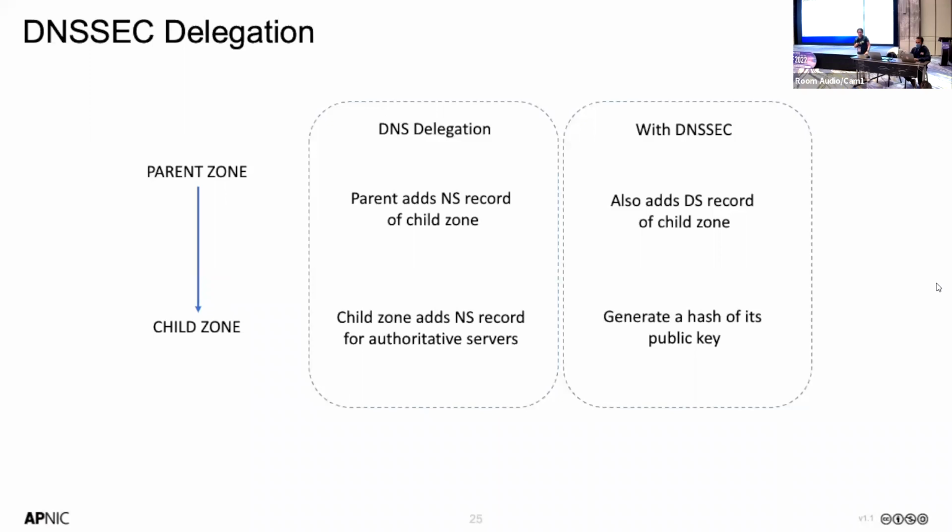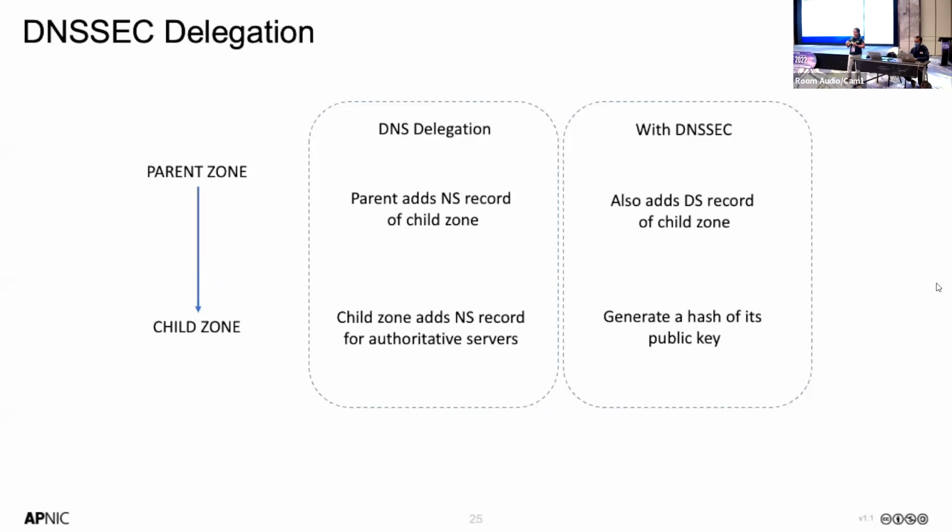The child zone will generate a hash of its public key, and that's actually what goes into the DS record in the parent zone. So that's just additional work for both the parent and the child. This again can be automated, but it's important to understand that concept.